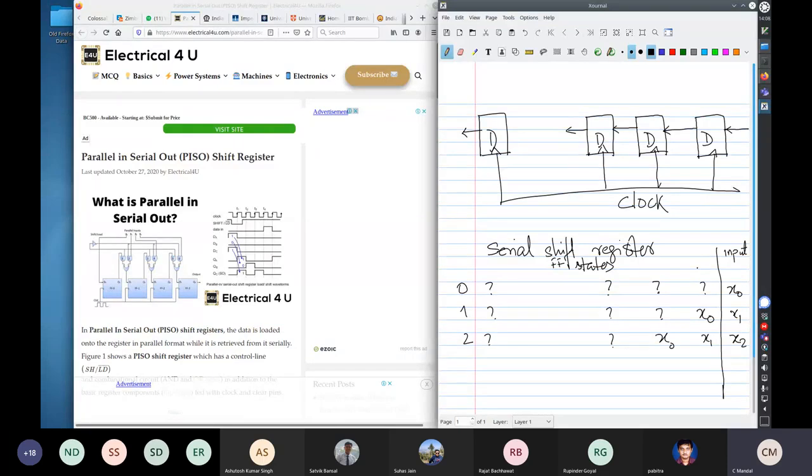If you call these D0, D1, D2, and say Dn, then at time n plus 1, you'll have x0 here, and so on, xn minus 1. So that is how the shift register works. Are you okay about the functionality of the shift register? Any questions?